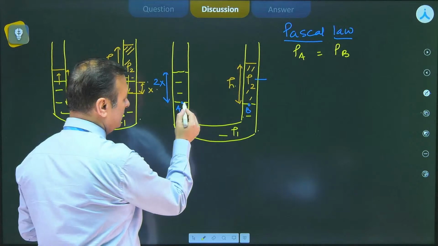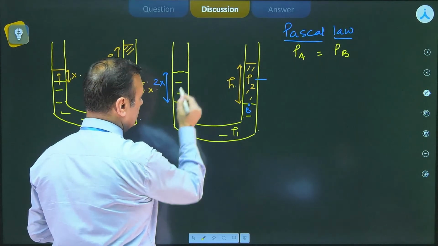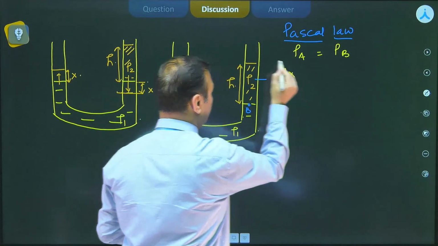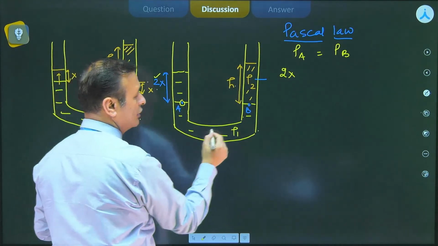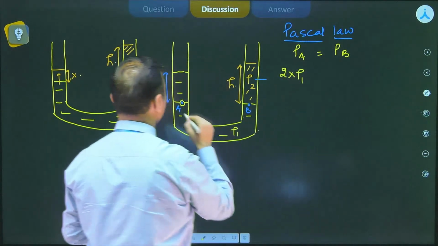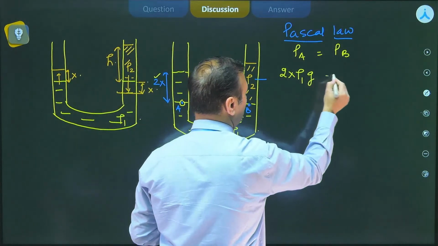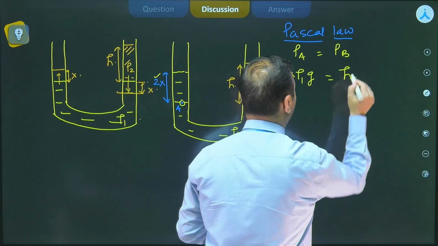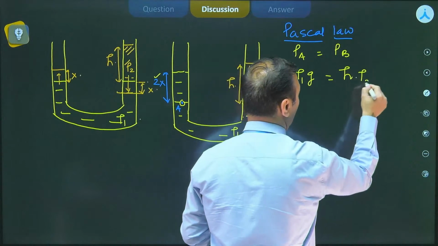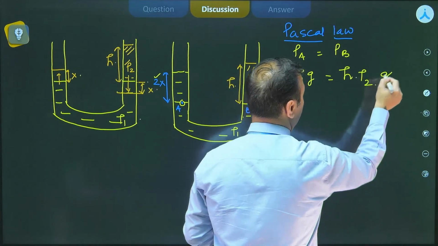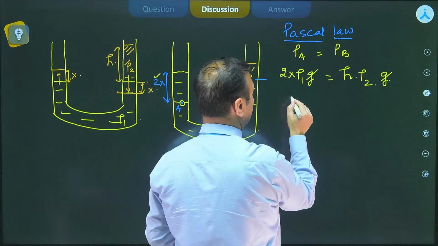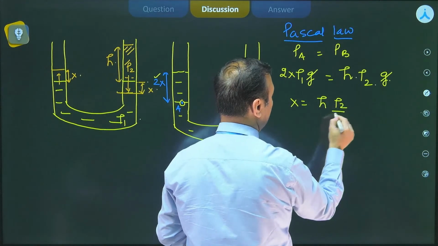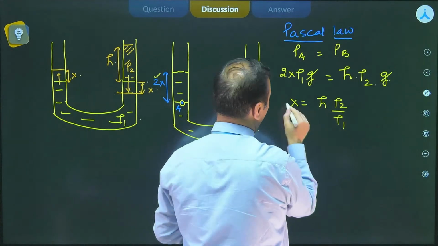So the pressure exerted at point A is h rho g, where this height is 2x, the liquid density is rho 1, and g is the acceleration due to gravity. At point B we have height of the liquid as h, density rho 2, into g, and that defines it.